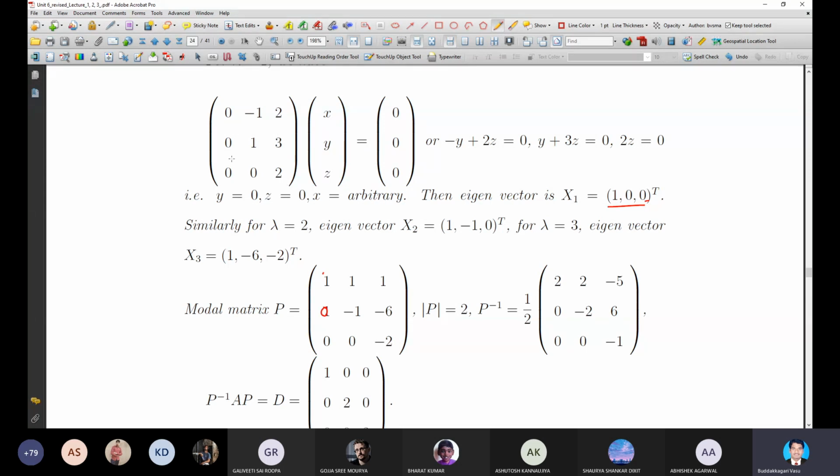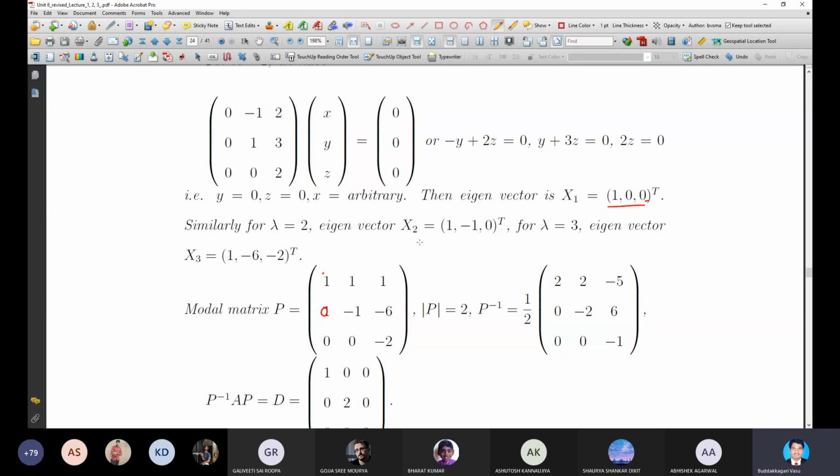So therefore it results in the rank of the matrix being 2. So one arbitrary solution will be there, where x is arbitrary and y, z is equal to 0. So therefore the eigenvector is 1, 0, 0.